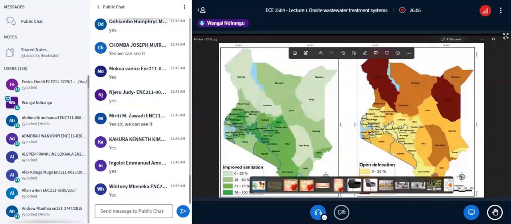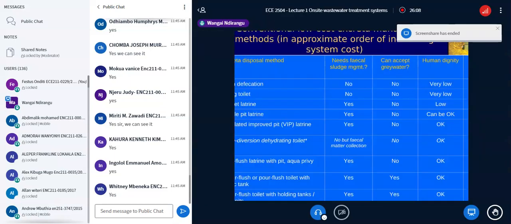So what am I trying to demonstrate with this? I'm trying to demonstrate just how serious the problem of open defecation is in our country. And it is therefore something for us as engineers to think very, very seriously about, because it is indeed a very serious problem.